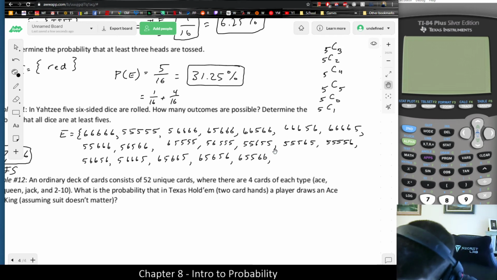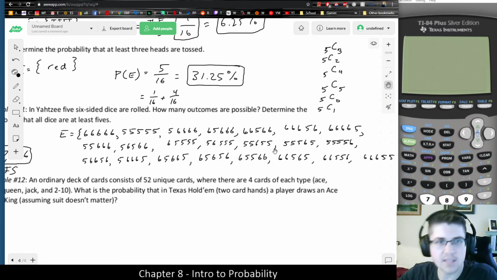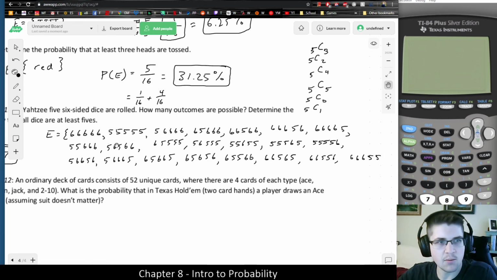I'm progressing through these till I get the rest of them. And then there could be 6, 6, 5, 6, 5, or 6, 6, 5, 5, 6, or finally 6, 6, 6, 5, 5. So that should amount to 10: 1, 2, 3, 4, 5, 6, 7, 8, 9, 10. And I know that those are all the arrangements of having 2 5s and 3 6s.